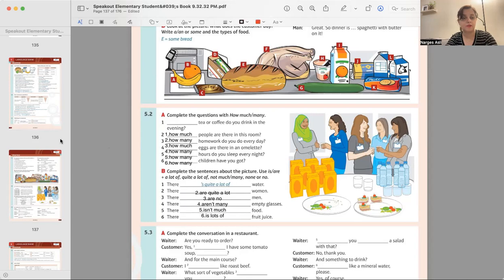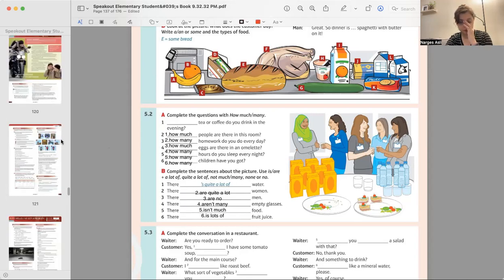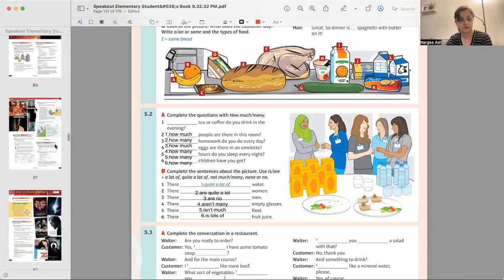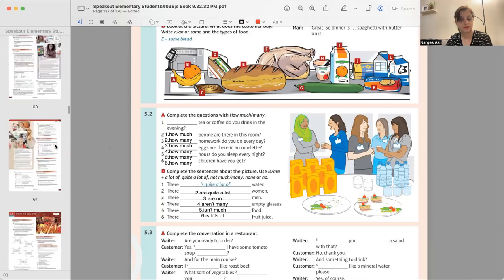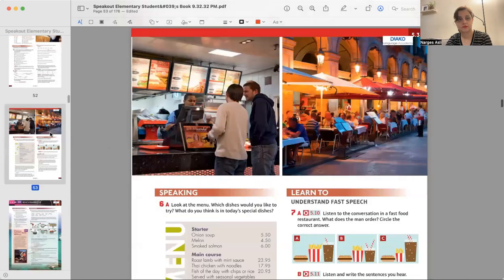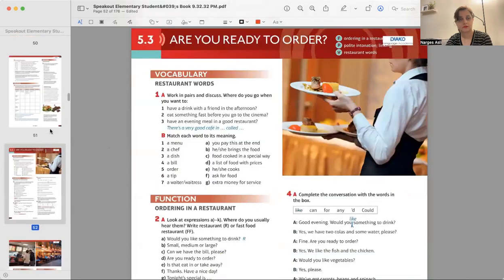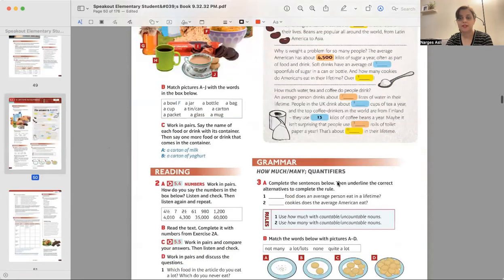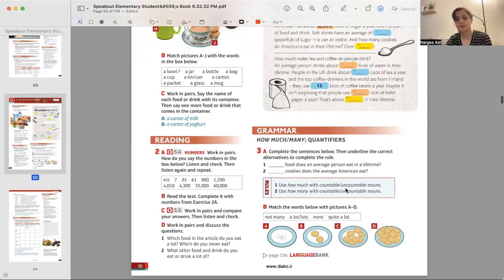خب برگردیم به همون پیج خودمون. Complete the sentences below and underline the correct alternative to complete the rules. اینو دقیقا همین الان بهتون درس دادم دیگه.